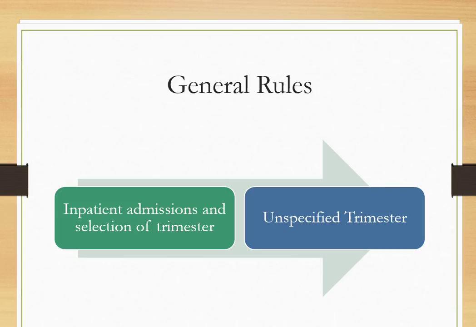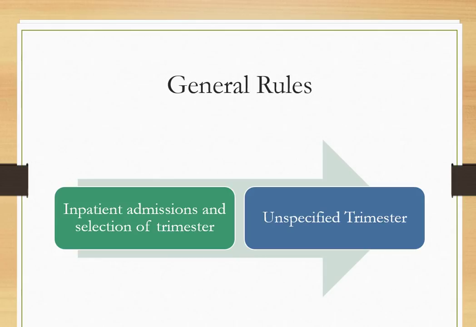So if they come in today and they have a condition and they're in their second trimester, and then tomorrow or 2 days from now, they're discharged and are in a different trimester, guidelines state you want to report based upon the trimester when the condition developed.